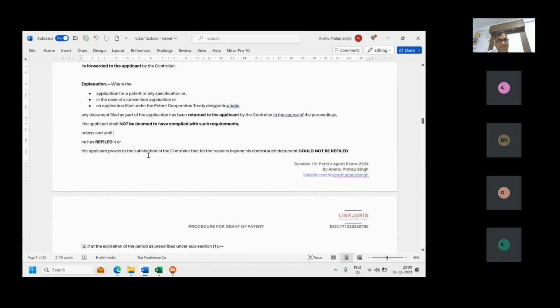If it has been returned, you have to refile it, unless the applicant says that it cannot be refiled and the reasons for not refiling are beyond the control of the applicant. So this is the only thing. If something has been returned, you have to refile. If you are not refiling, prove that the refiling cannot be done because of reasons beyond your control.